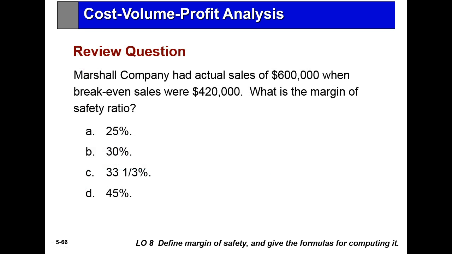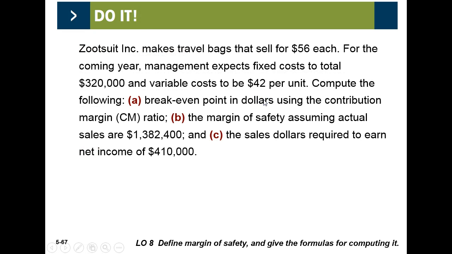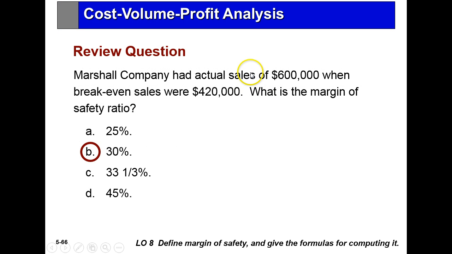Marshall Company had actual sales of 600,000 when break-even sales were 420,000. What is the margin of safety ratio? So what is our cushion? Our cushion is 180,000, right? 600 minus 420 is 180.